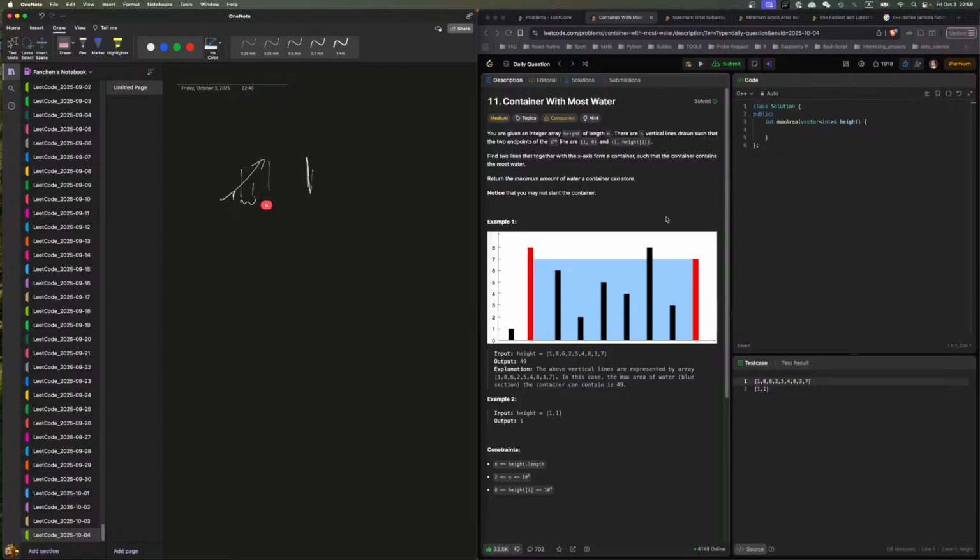So on the right, so to the right, I always start from here, right?